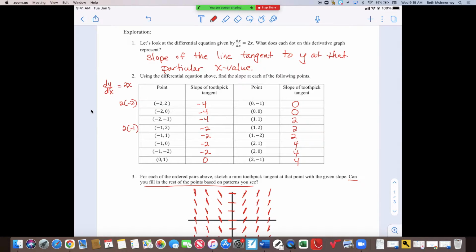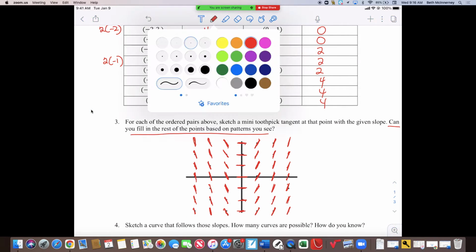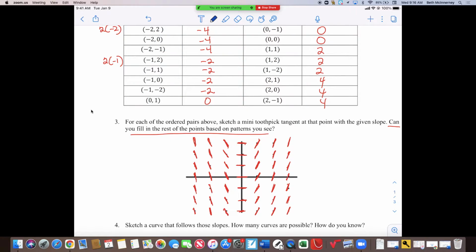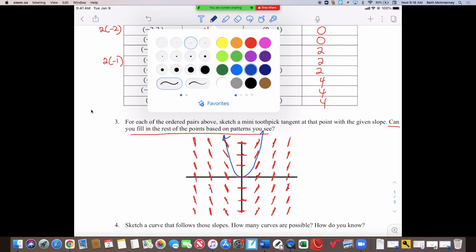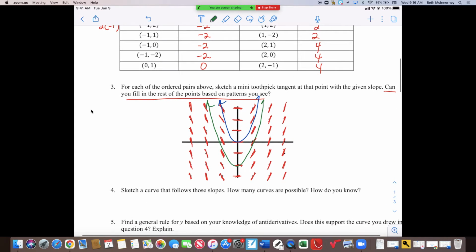So if I integrated 2x, what would that be? x squared. Now, it's actually x squared plus c, right? Because I don't have a particular point here. But x squared is what shape? It's a parabola, right? So I could get it to go through here. I could get it to go through here. Do you see that? How many curves are possible?